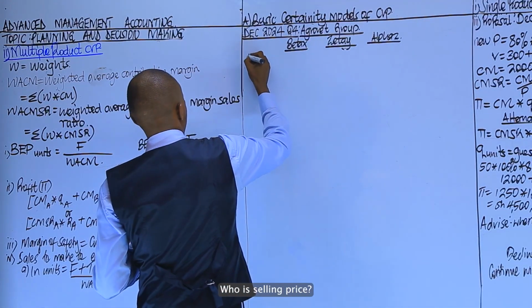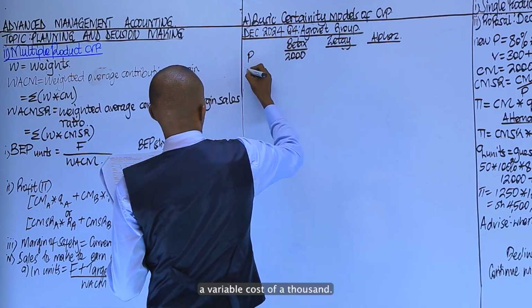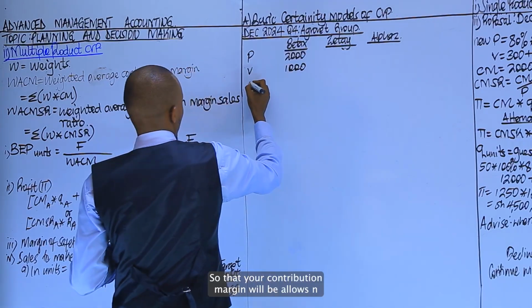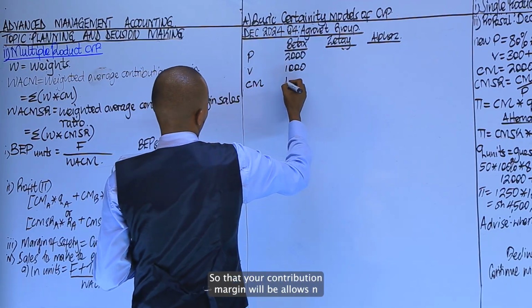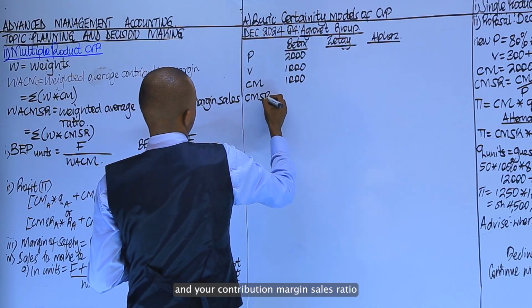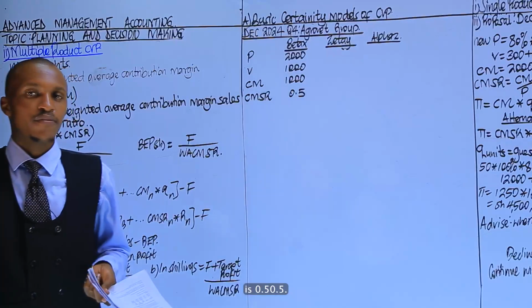Your selling price P is how much? 2,000. A variable cost of 1,000. So that your contribution margin will be 1,000 and your contribution margin sales ratio is 0.5.